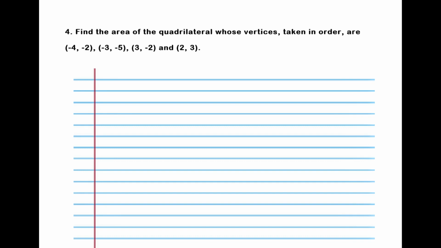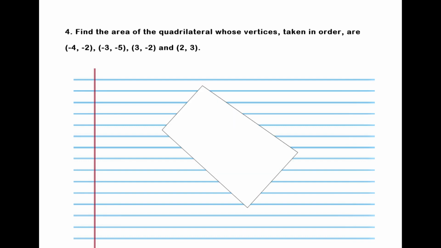Now students, moving to the fourth question of the exercise, we need to find out the area of the quadrilateral whose vertices taken in order are (-4, -2), (-3, -5), (3, -2) and (2, 3). Now let me draw a quadrilateral so that it will be easy to understand, and we'll see how it is related to area of triangle.